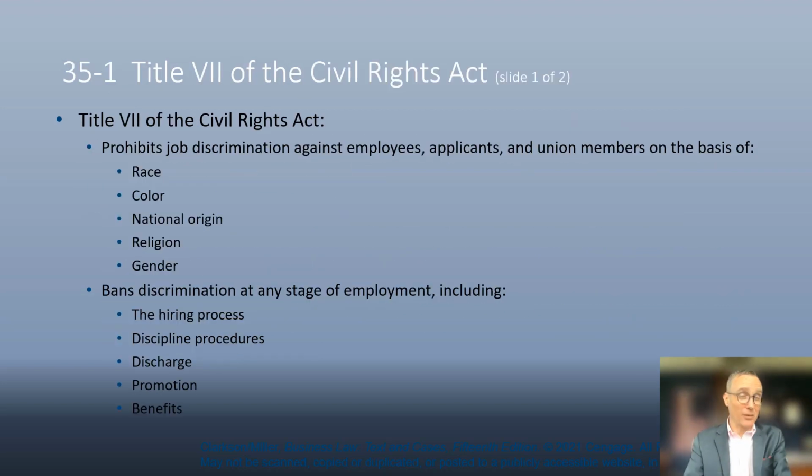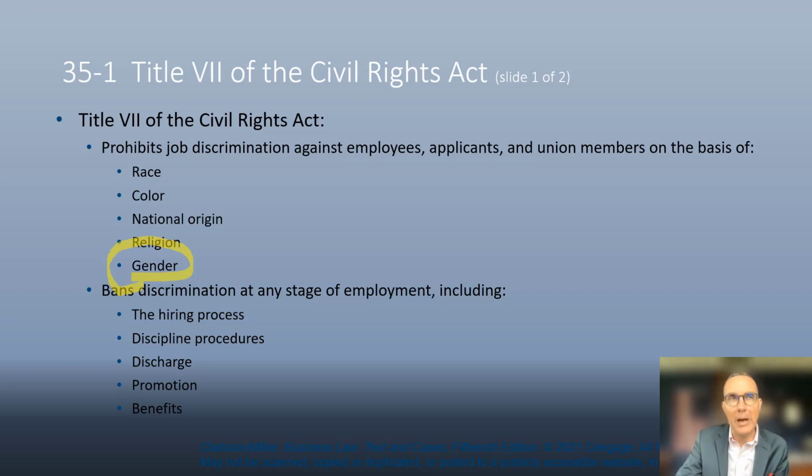In particular, Title VII prohibits job discrimination against employees, applicants, and union members on the basis of these five characteristics: race, color, national origin, religion, and gender. Now, I'm saying sex instead of gender. I'm doing that on purpose because we have the United States Supreme Court case, the Bostock case.